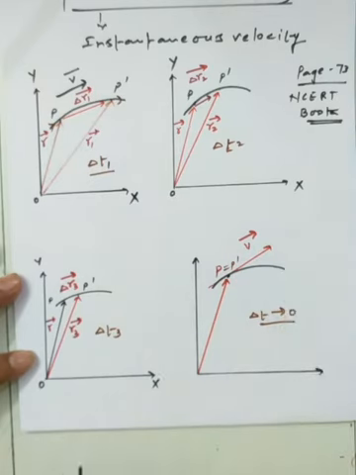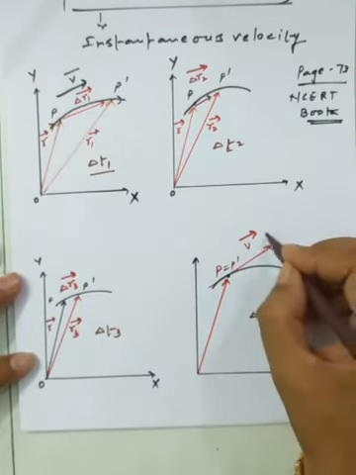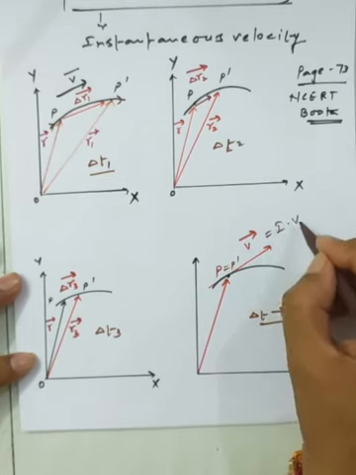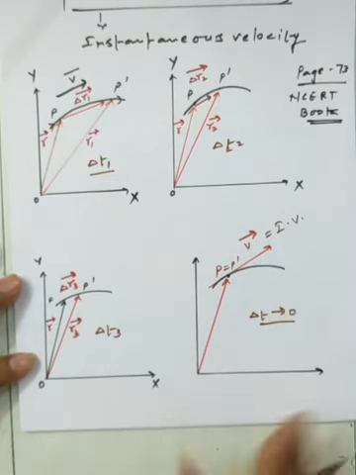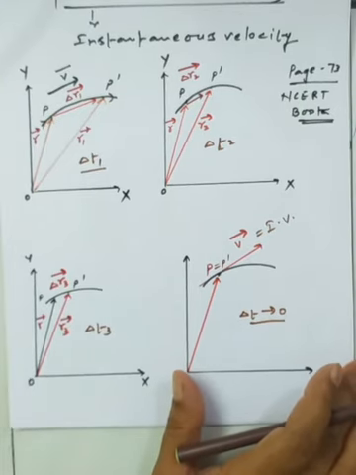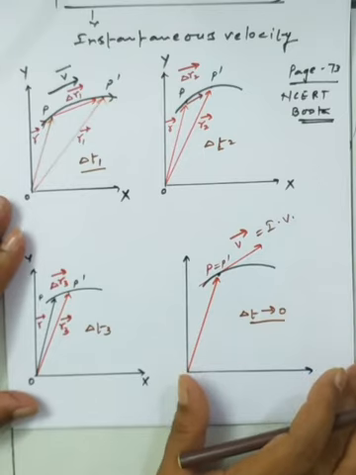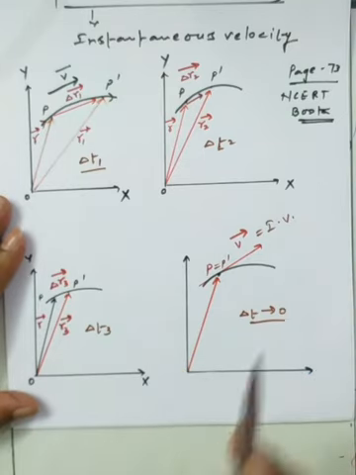So at this time the velocity is called the instantaneous velocity. This is the simplest representation of the direction of the instantaneous velocity: along the tangent to the path, in the direction of the motion.